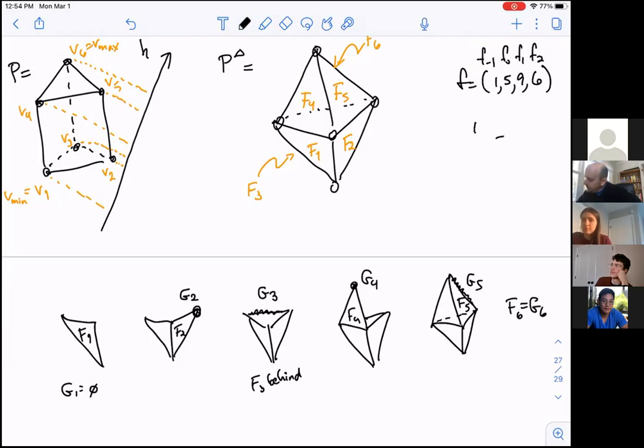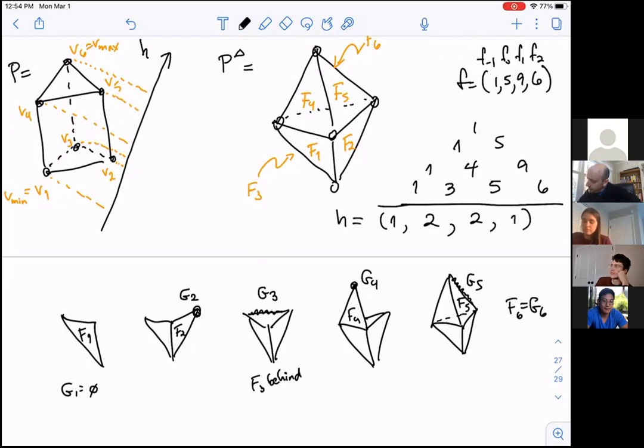And so if I do Stanley's triangular trick here, to compute the H vector, what am I getting? A 4, a 3, a 2, a 5, a 2, and the 1 is the H. That was the F vector. This is the H vector.